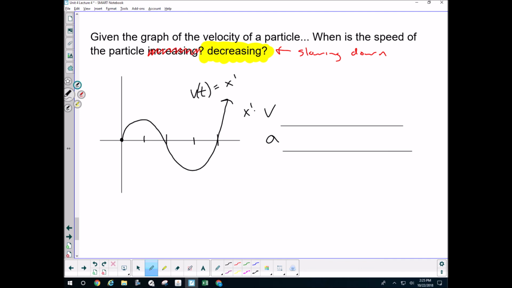And you can look at the values of X prime. Then to figure out A, that's like figuring out X double prime.